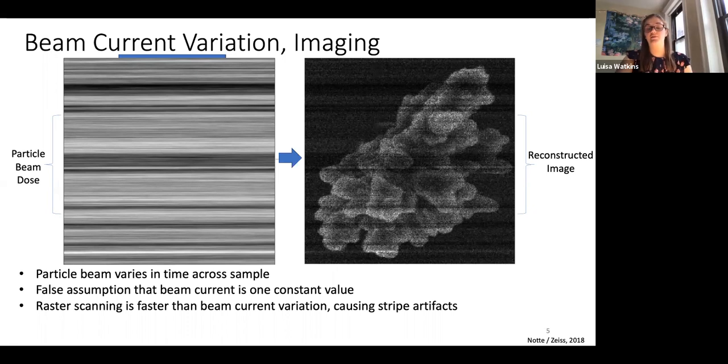But the major issue is if the sample we're trying to look at actually has stripes in it. If there are striped artifacts, it's hard to tell whether these stripes are from the beam current varying or are actually in the sample, and that can be a big question and really tough to figure out what the sample looks like.